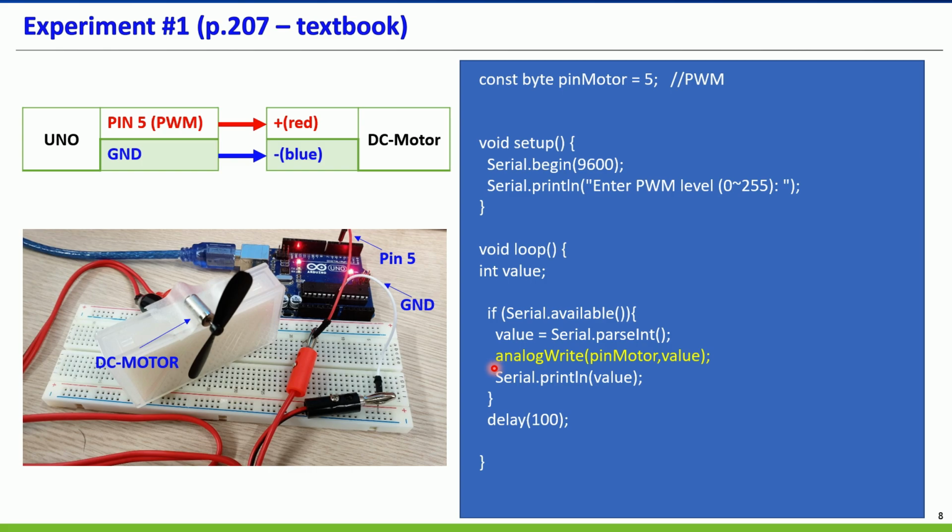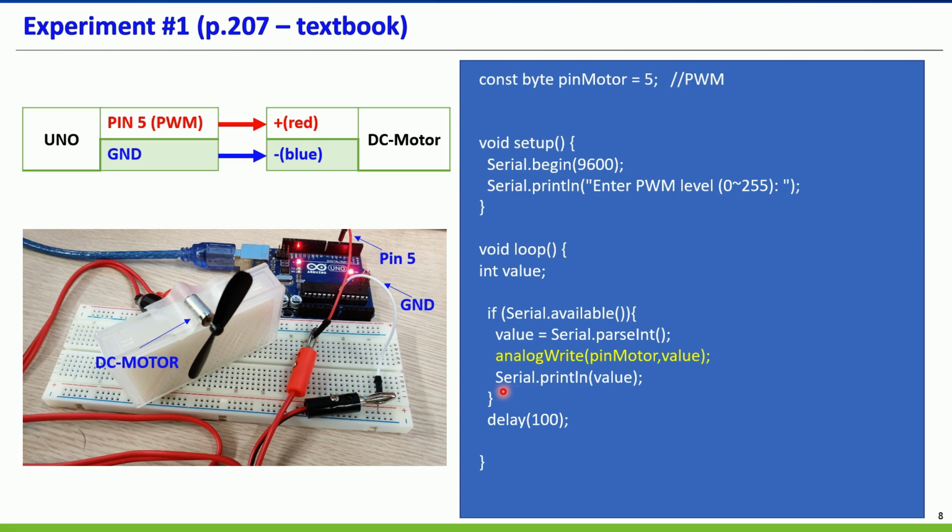And then we already learned about pulse width modulation in the previous lecture. You just write analogWrite, and this one is PWM pin 5, and this one is whatever value from 0 to 255 in here.